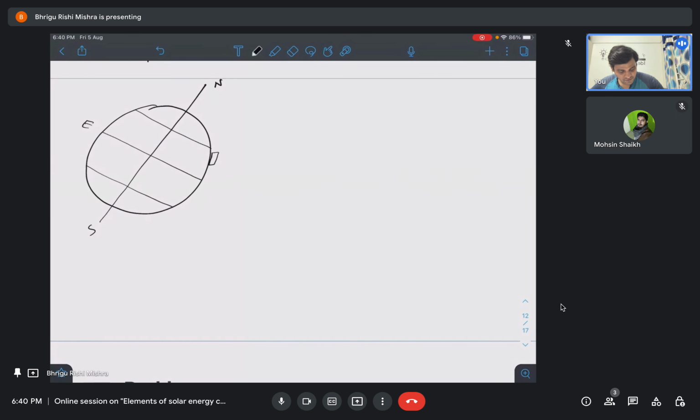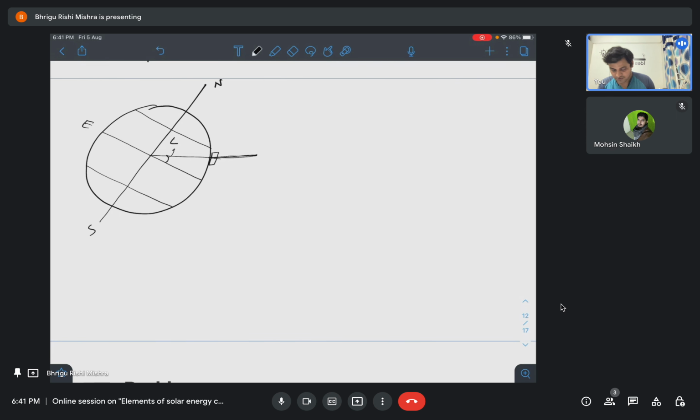The perpendicular line is like this, and this angle is the latitude. Okay, this is the latitude angle.